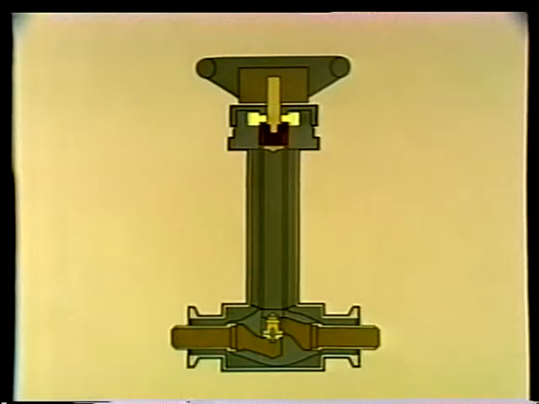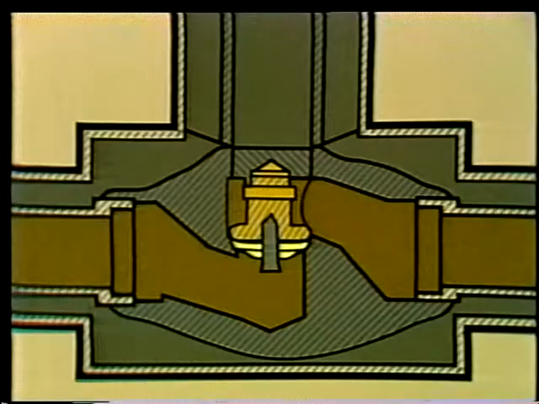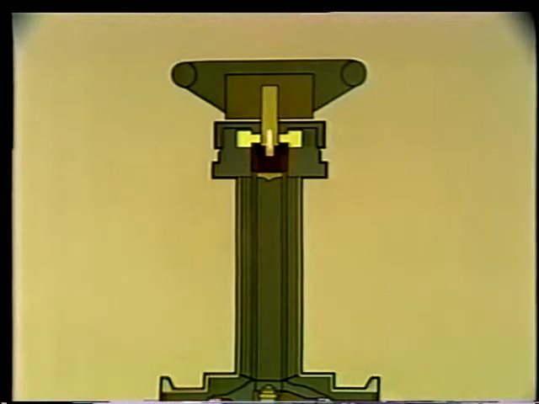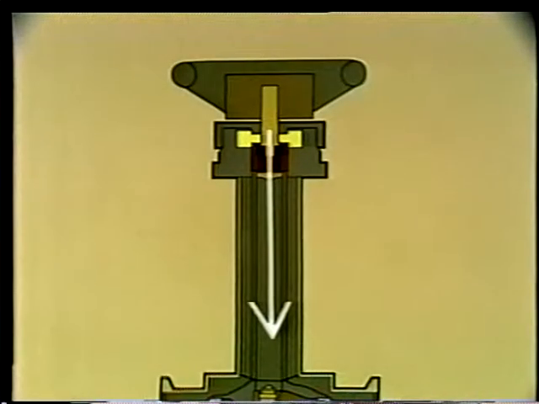Now, when you look at a cryogenic valve, the disc and seating arrangement looks quite like a normal globe valve, but there is a difference in the stem and packing arrangement. The stem extends through a long, hollow operating tube to connect the disc to the operator.